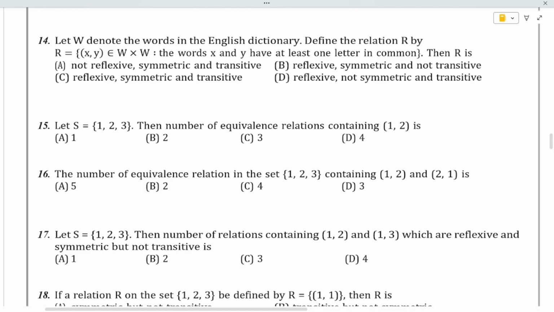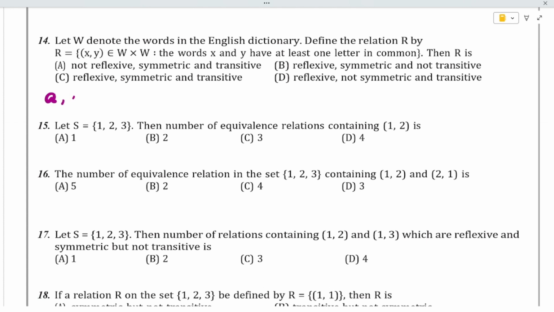Now let's discuss the 14th question. Let W denote the words in the English dictionary. They have given a relation: the words X and Y have at least one letter in common. That means every word will share a letter with itself.